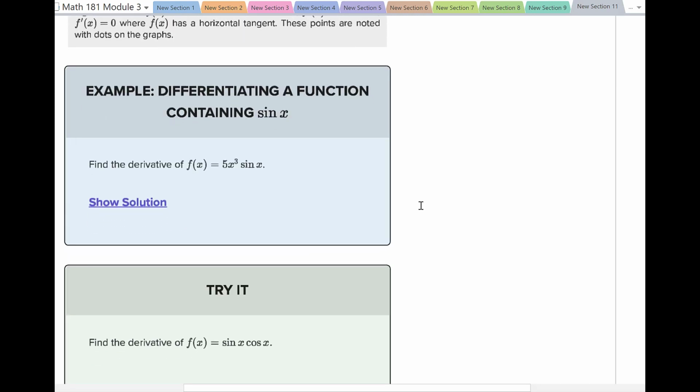So how do we use this here? Find the derivative of 5x cubed sine x. For this first one, we have two things going on here. We have this product of 5x cubed and the sine x.